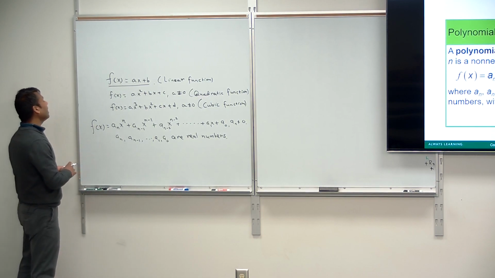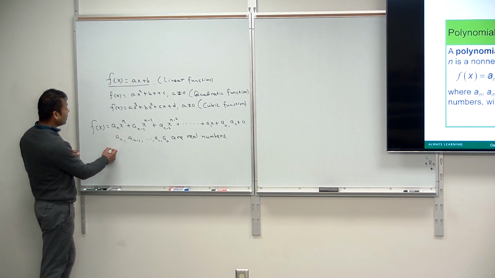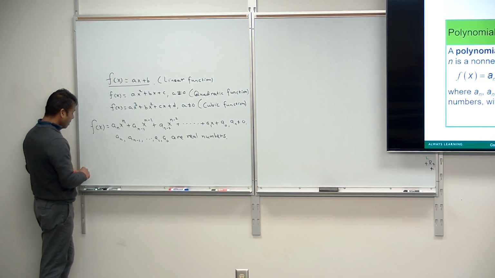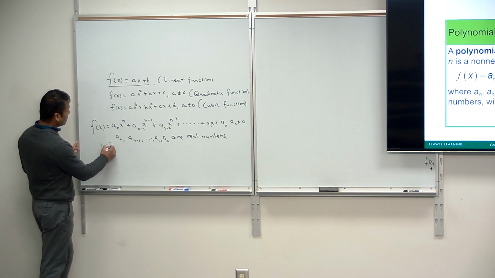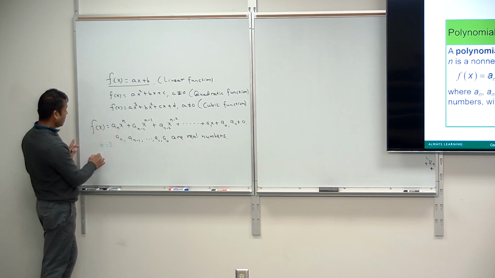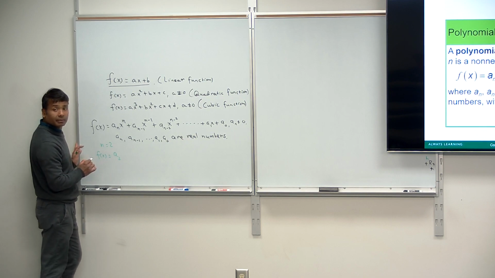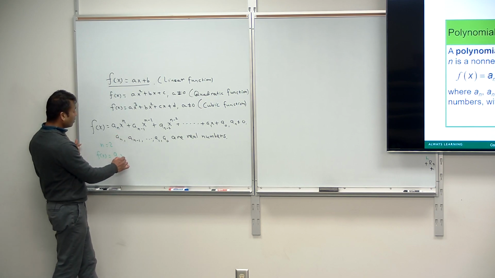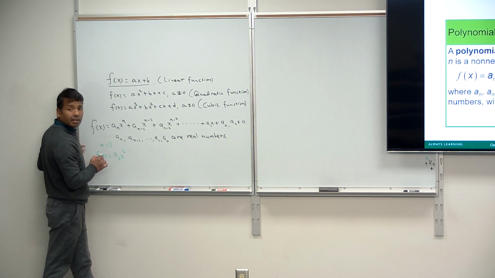Now let's say I plug in n equal to 2. So what does it look like? We have f(x) equals a2 x to the power 2, make sense?